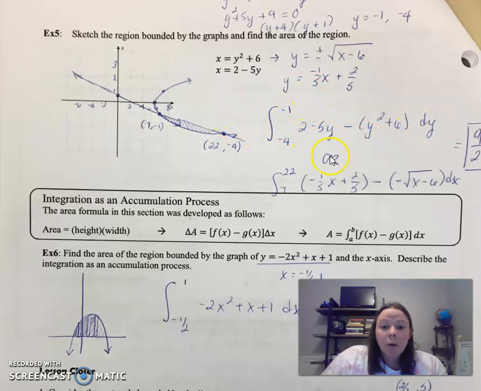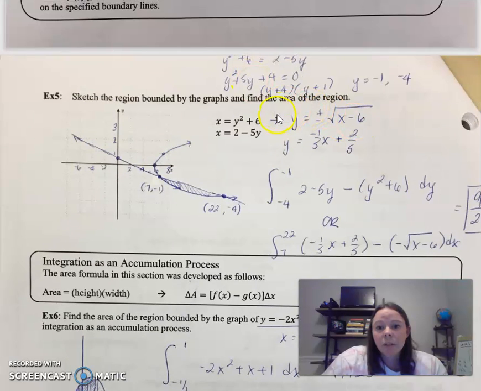Now, if you were going from top to bottom, notice I switched the bounds. So now I'm using the x values for the lower bound and the upper bound. And in this case, I had to solve both of these to get them in terms of x. That's what's over here.